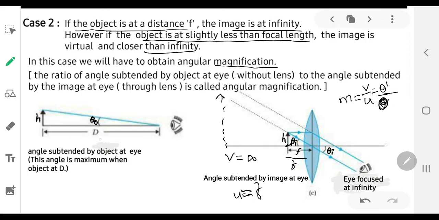If you place an object at a distance of d, you cannot place the object at less than d, because I cannot see that.